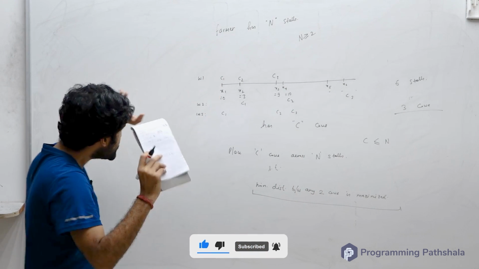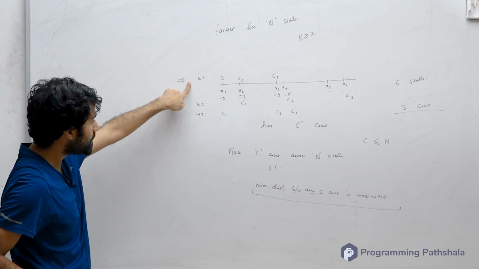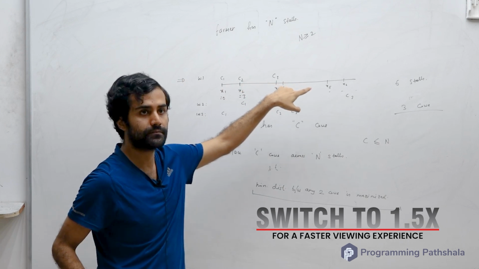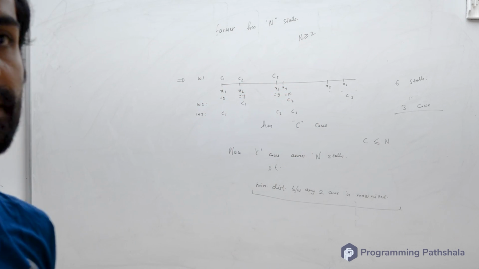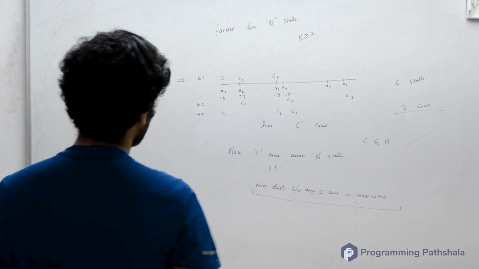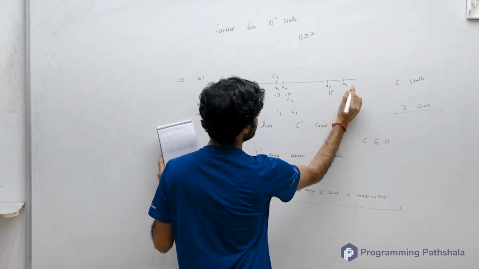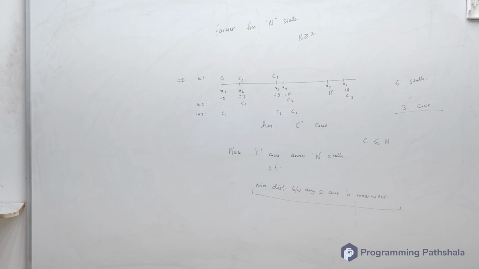Now just focus your attention on a particular way, and in that figure out the minimum distance between any two cows. What is the minimum distance between any two cows in the first way? Let me write other values. Let's say this is 15 and this is 18. So what is the minimum distance between any two cows in the first way?